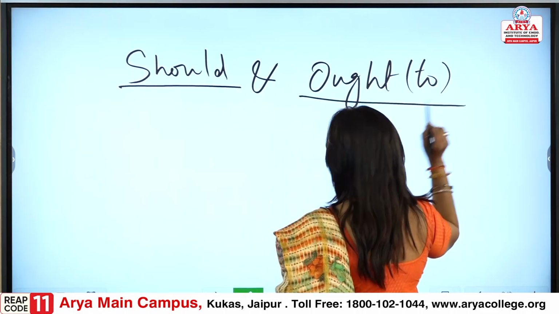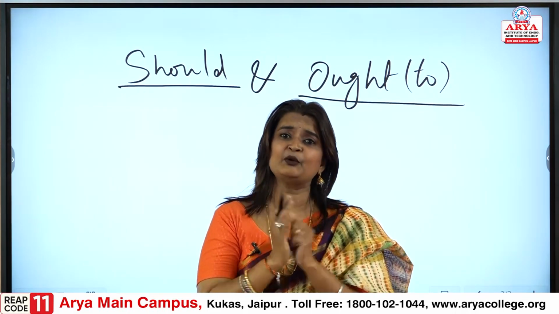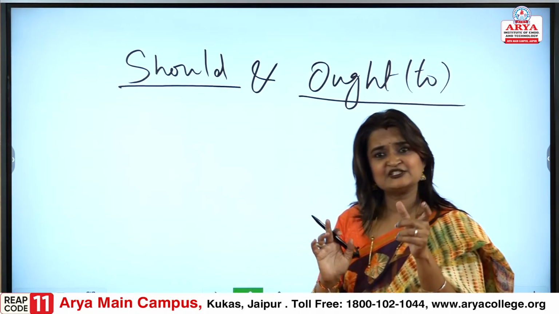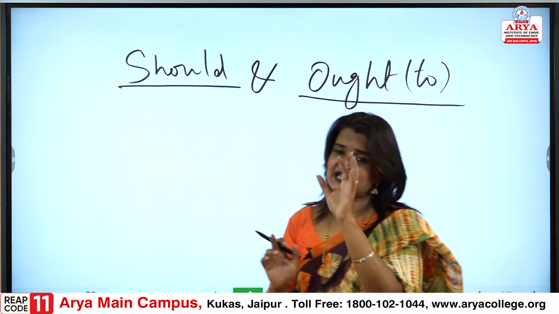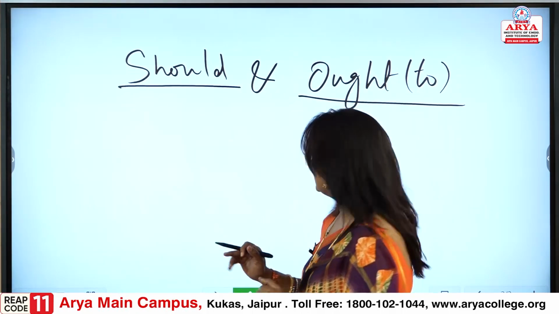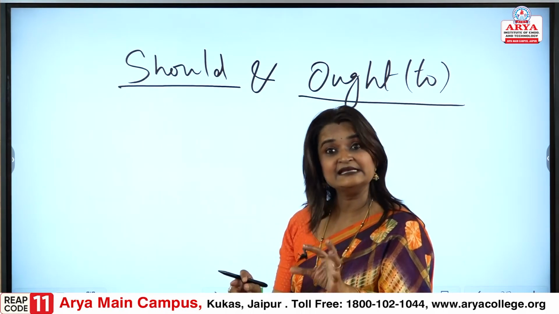Let us talk about should and ought to, because we can use them, and how can we use both, when to use either this or this. So let us learn both should and ought to, which could make our understanding and learning easier.